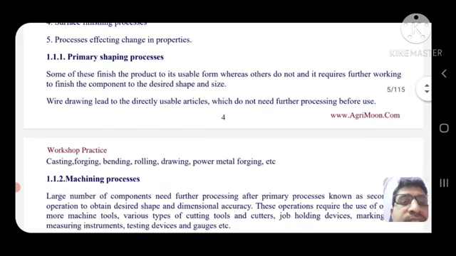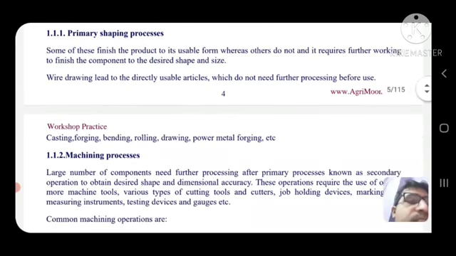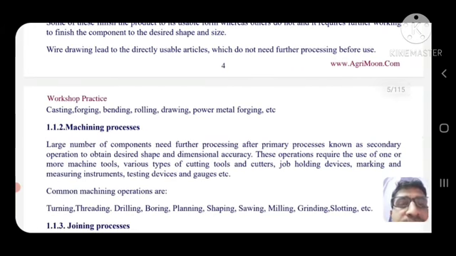Workshop practice: casting, forging, bending, rolling, drawing, powder metal forging, etc. Machining processes. A large number of components need further processing after primary processes, known as secondary operations, to obtain the desired shape and dimensional accuracy.